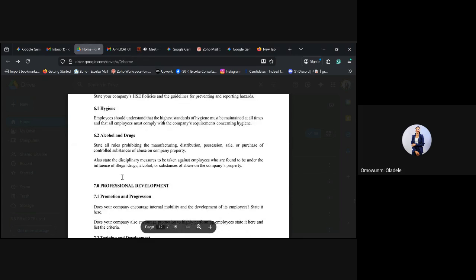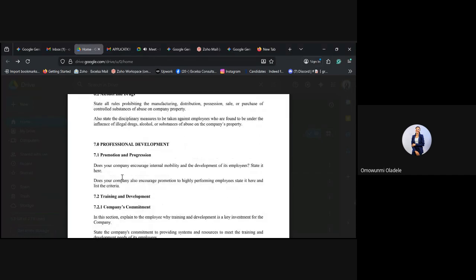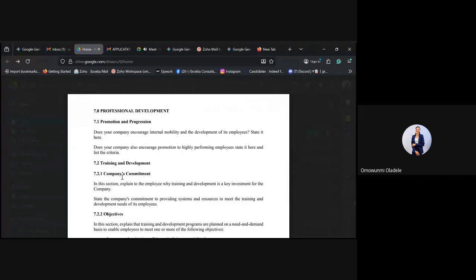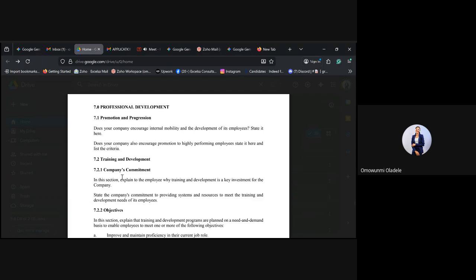Hygiene, alcohol and drugs. You need to state that the consumption or influence of alcohol while at work is highly prohibited. Then you also need to put into place professional development, which means: what is the succession planning in place within the organization?